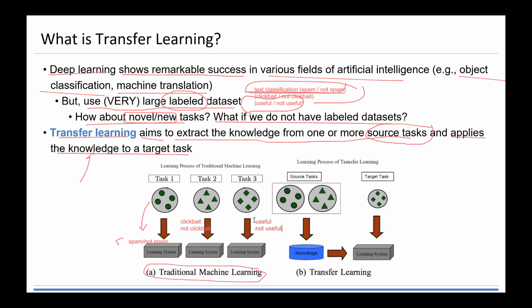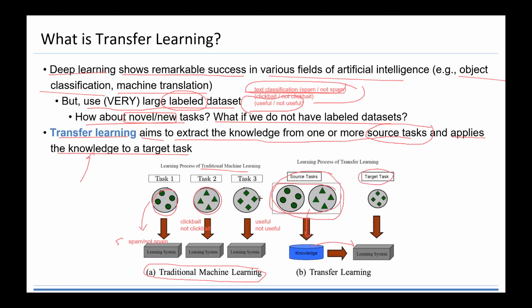So instead of doing this with traditional machine learning, we can try to do something like this. We can collect the data from spam or not spam. We can collect the data from clickbait and not clickbait, and then we combine those, and then we extract the knowledge from those two, and then we transfer the knowledge into the new system.